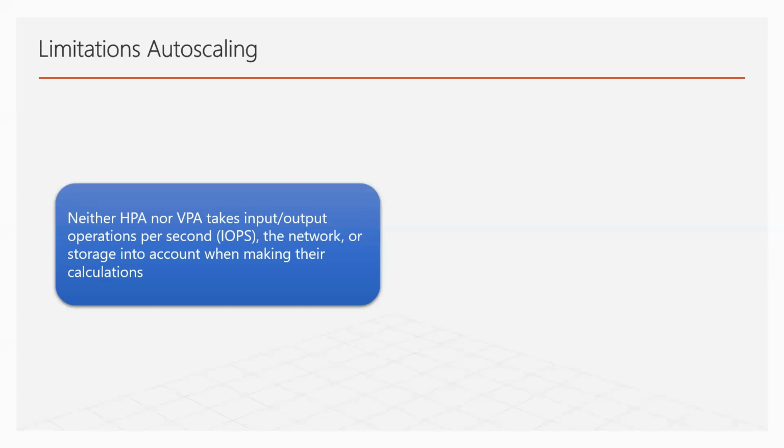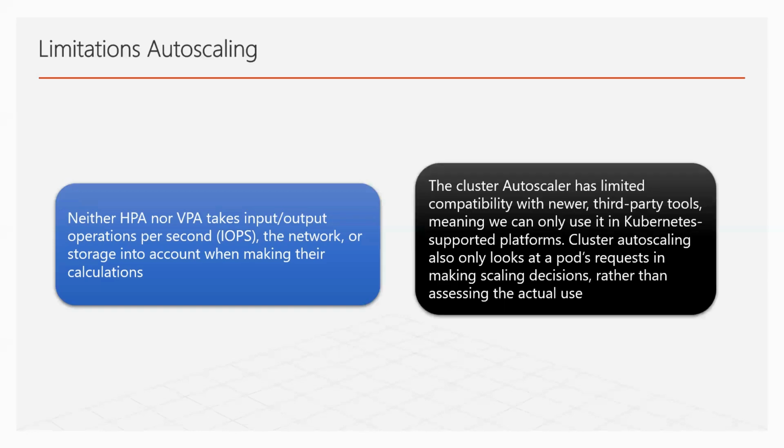But if your application has enough CPUs and memory, but is still struggling to give the IOPS, then your application will perform very slowly and users will be affected, right? That will affect your business also. That is on the HPA and VPA.